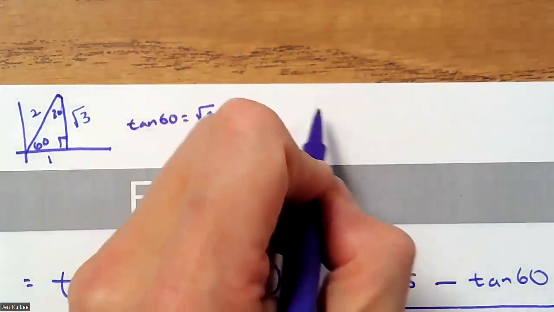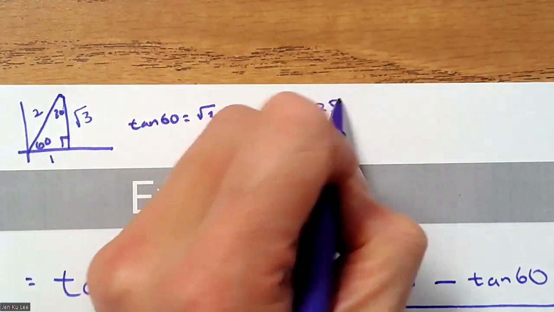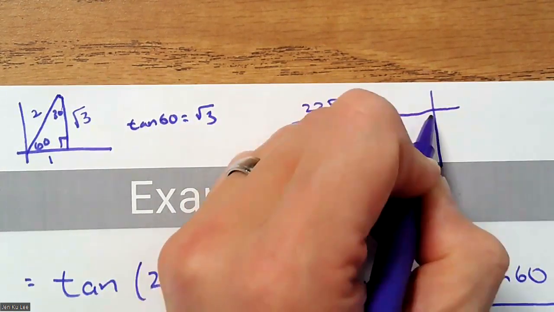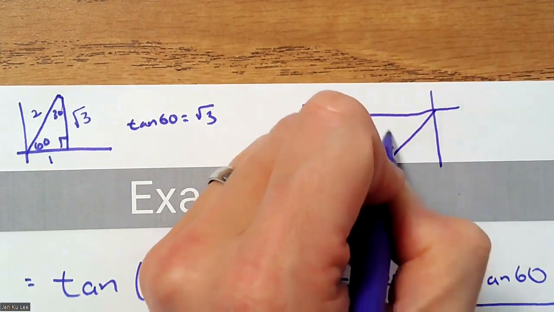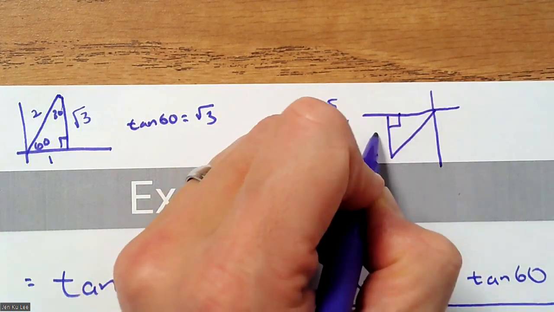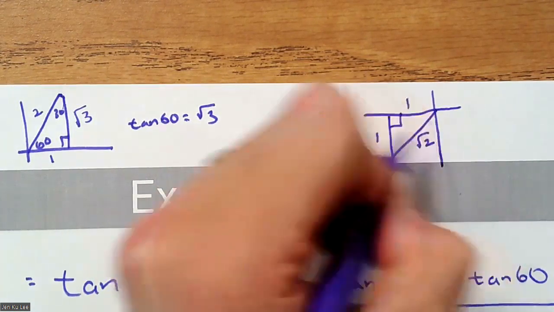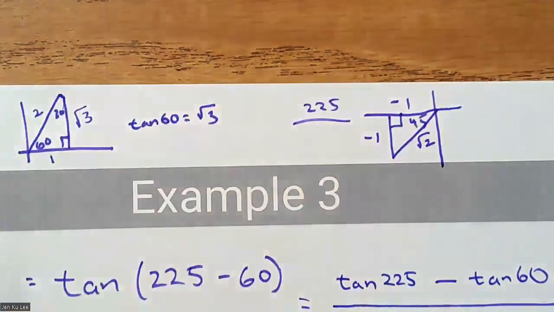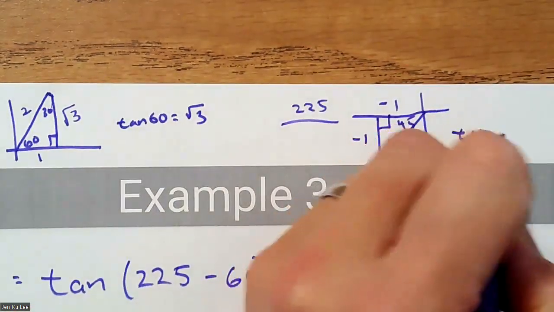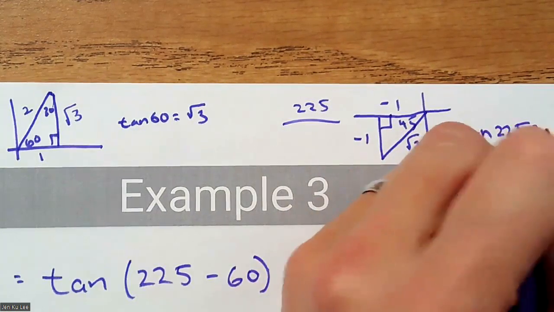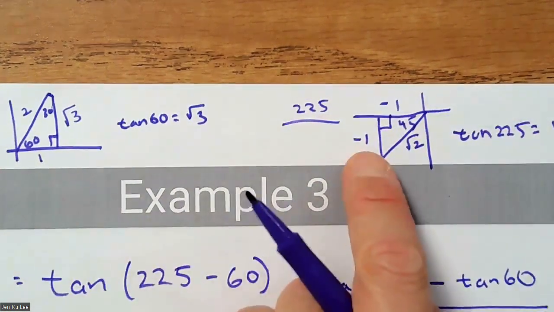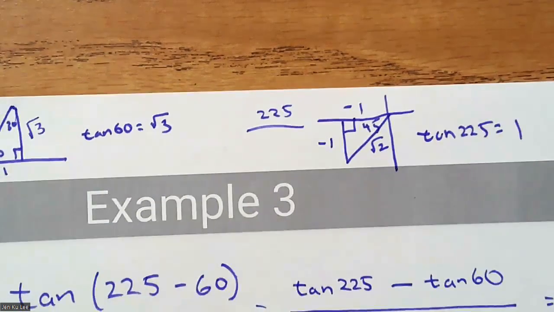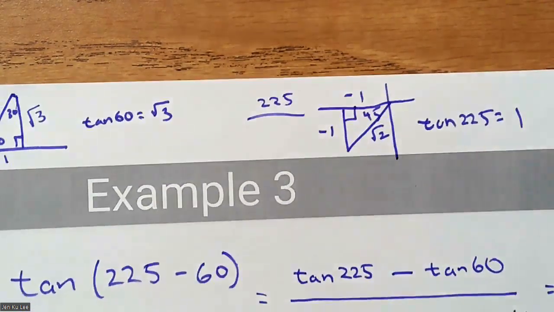225, I already drew in my previous example. That's 1, 1, root 2, because this is a 45-degree angle. That's negative and that's negative. So tangent of 225 is negative 1 divided by negative 1, so that's 1.